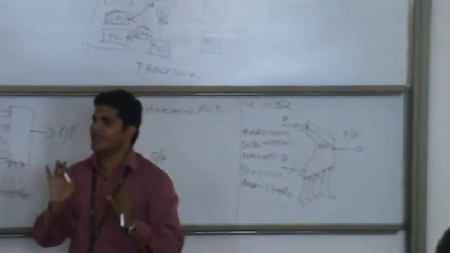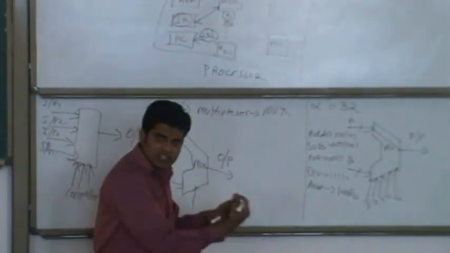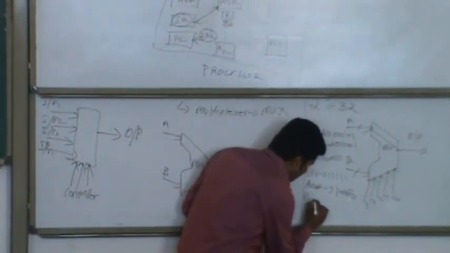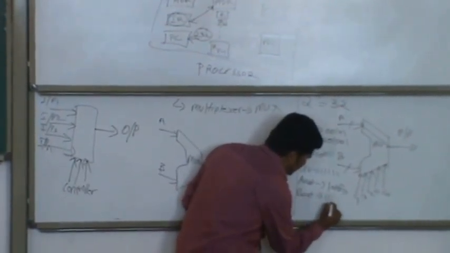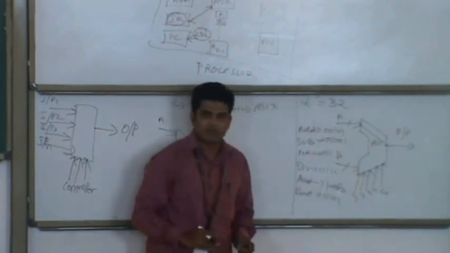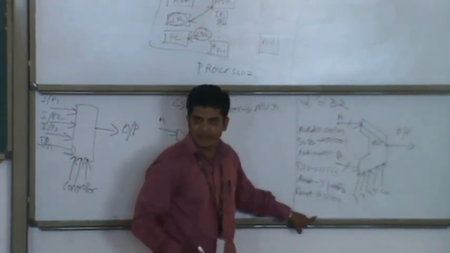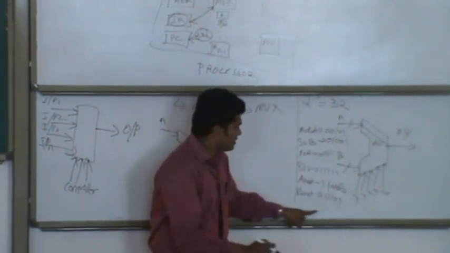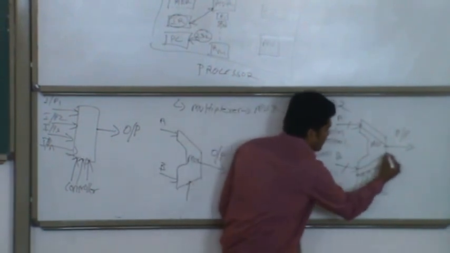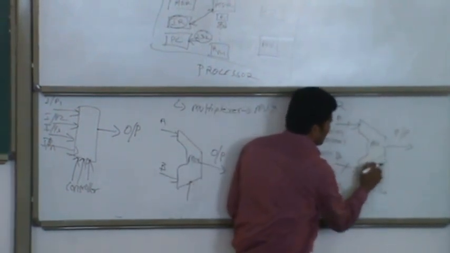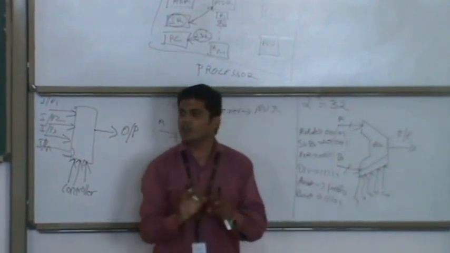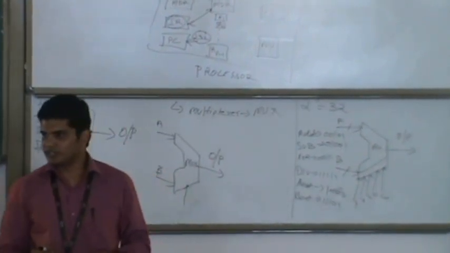It will not do any ALU operation. There will also be a code for passing B, 11101. If this code is selected, arbitrarily assigned, it will just take the value of B and pass it. It will not do any ALU operation.